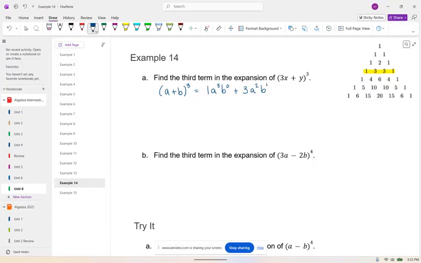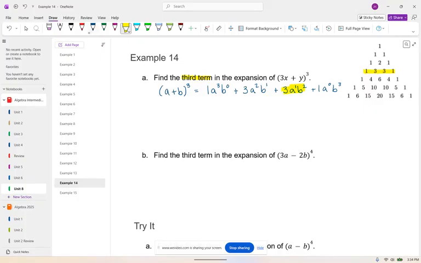Again, those exponents need to add up to 3. Plus 3ab squared, that's a to the first, b squared. And then plus 1, a to the 0, b to the third. So that's generally what we're looking at, and we're interested in the third term, this term here.